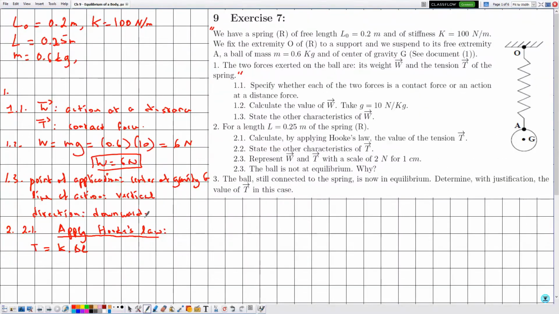using this. So let me say that delta L is equal to the final length minus the initial length, which is 0.25 minus 0.2, which is equal to 0.05.